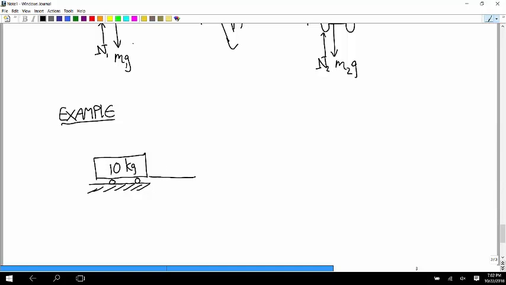And it's in contact with the one next to it, which is 20 kilograms. And let's say, well, I guess I have this going the other direction. There's a 30 Newton force over here.